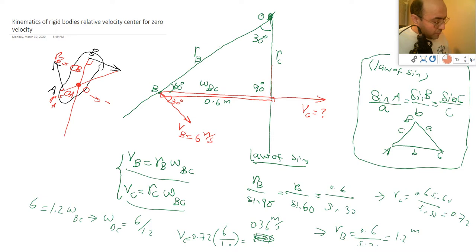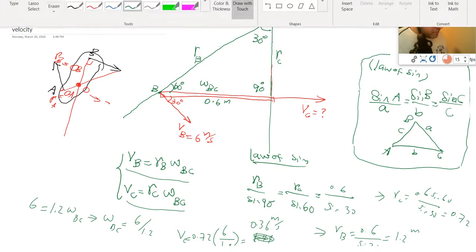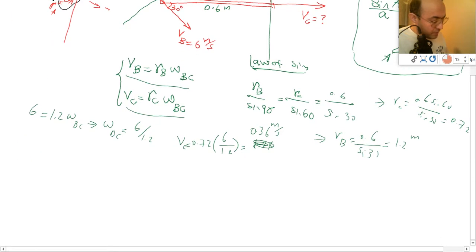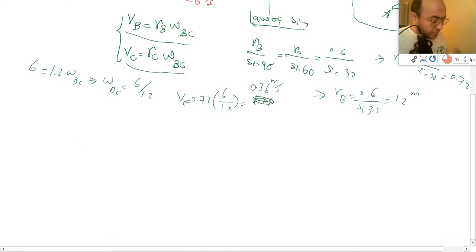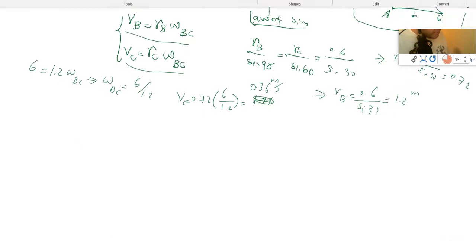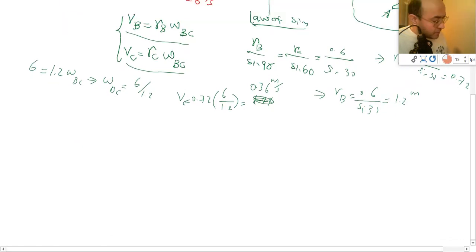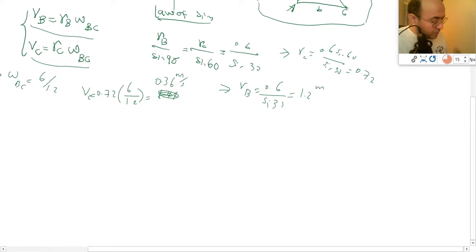A portion of this method is when we have two velocities which are not actually parallel together. So assume a case like the first case, where we have velocities that are not parallel together.